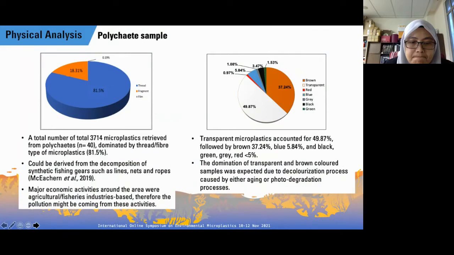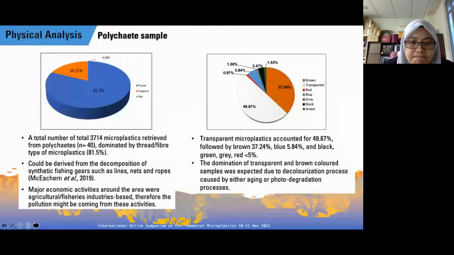So for the results, a total of 314 microplastics were extracted from polychaetes, dominated by straight fiber-like microplastics in transparent and brown colors. This can be derived from the decomposition of synthetic fishing gear, because the major activities around the estuarine areas are agriculture or fishery-based activities.